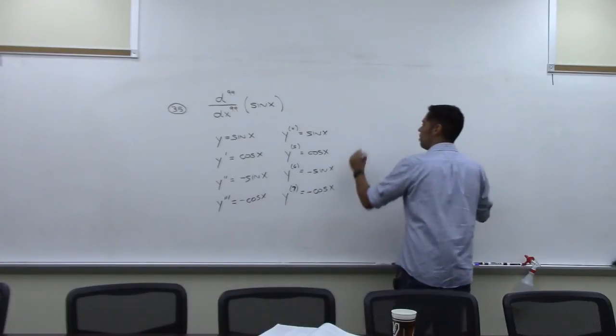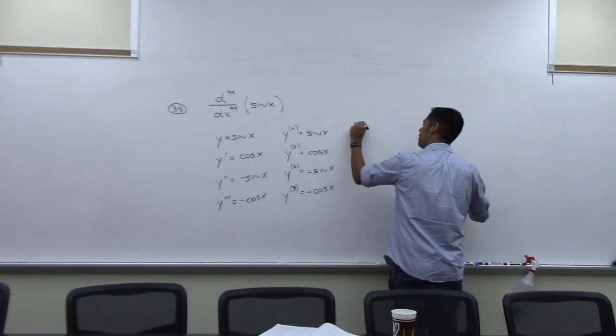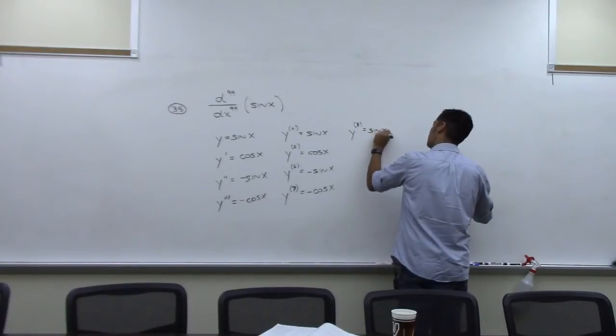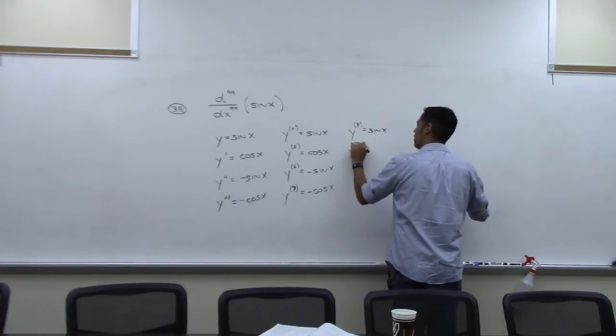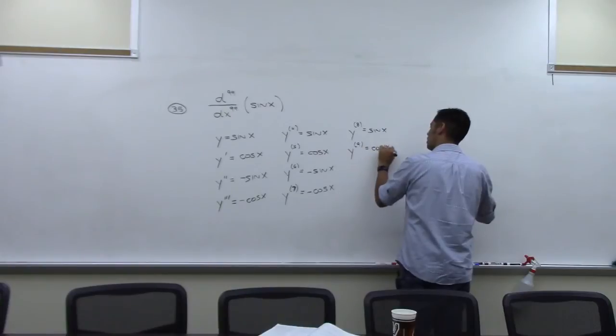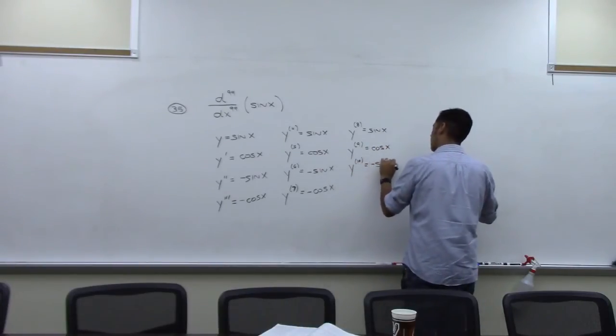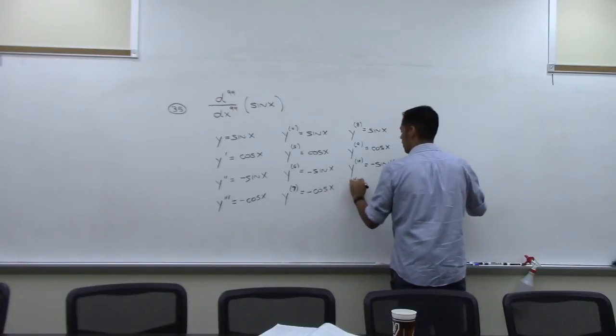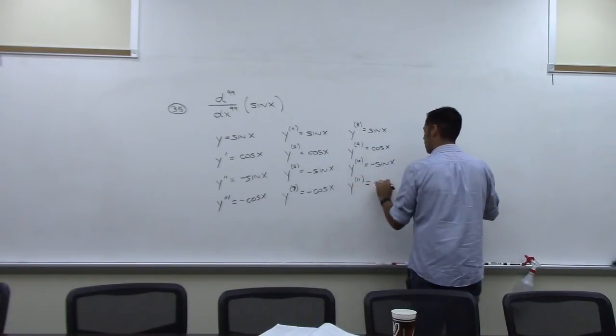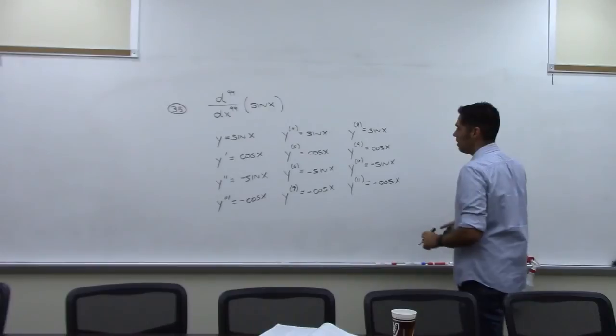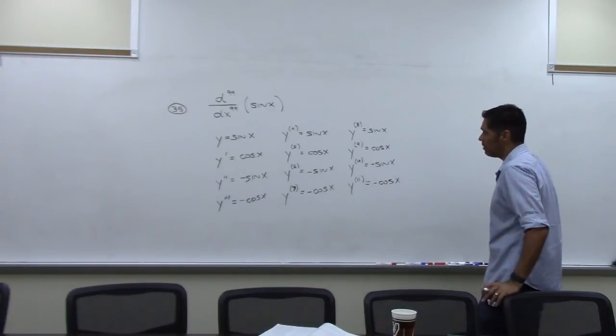And now it's going to start over again. The 8th derivative will be sine x. The 9th derivative will be cosine x. The 10th derivative will be negative sine x. And then the 11th derivative will be negative cosine x. And I could keep going until I get to 99, but I'm going to do even better than that.